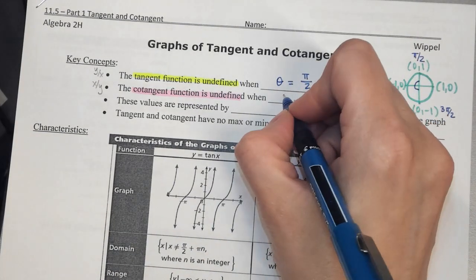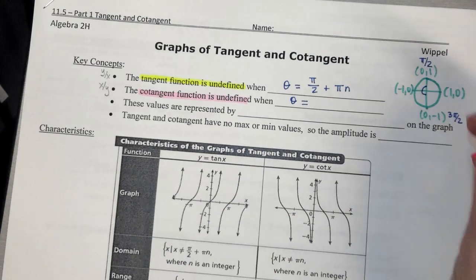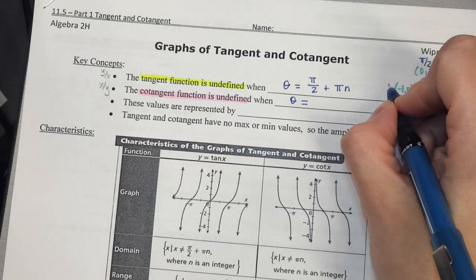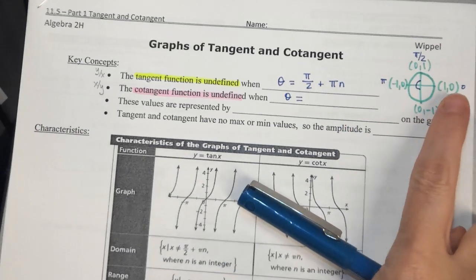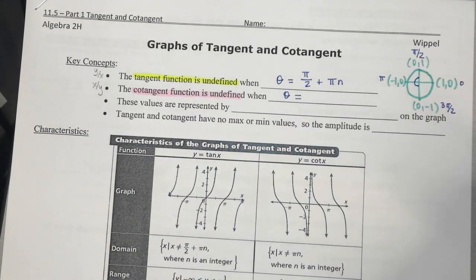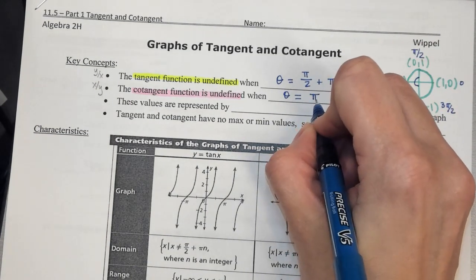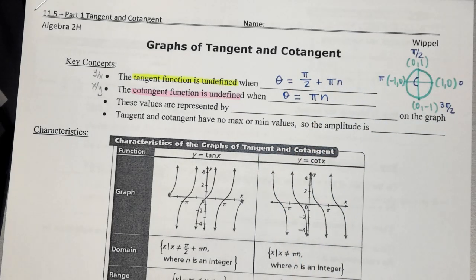For the cotangent, this would be when theta is equal to, the first place is 0, the second place is pi. So generally we're going to use the first one, which is 0 plus pi n. But if you have 0 plus pi n, that's the same thing as saying what? Pi n. Great.